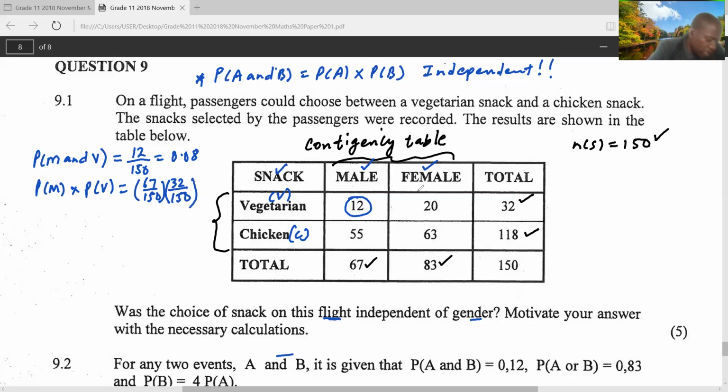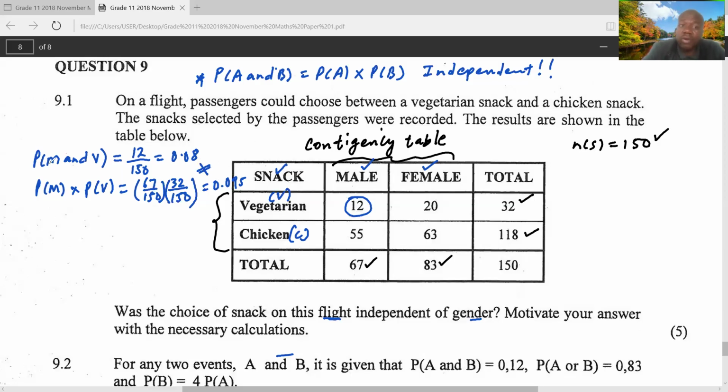So we work out 67 over 150 multiplied by 32 out of 150. This gives us 0.095.